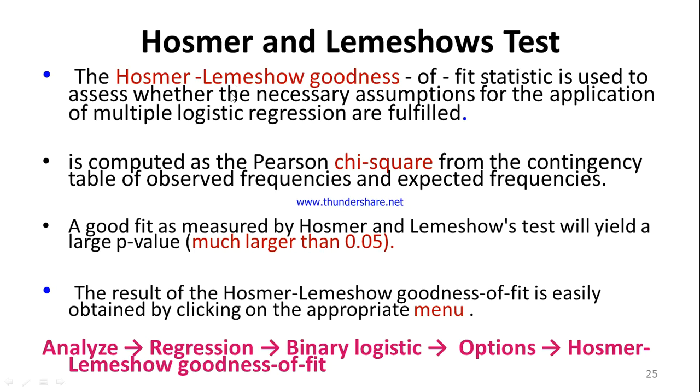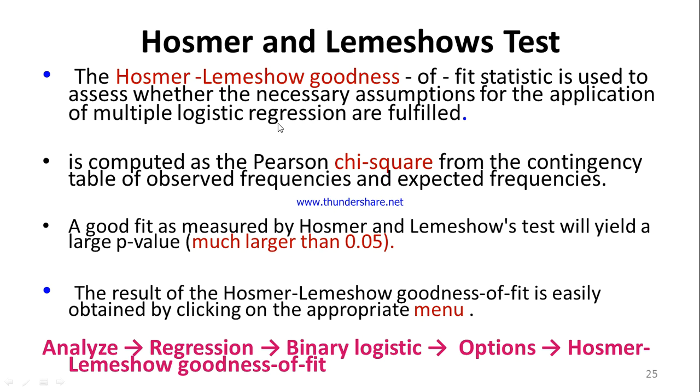They have contributed a large number of books, of course, and this is the suggestion that they forwarded to researchers to make sure that the model is fit for logistic regression. The Hosmer and Lemeshow test must be done only for multiple logistic regression, not for simple logistic regression.